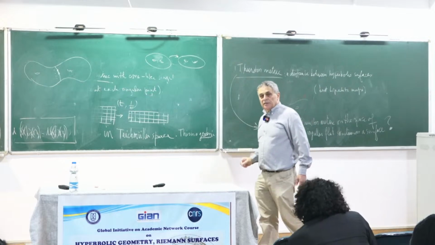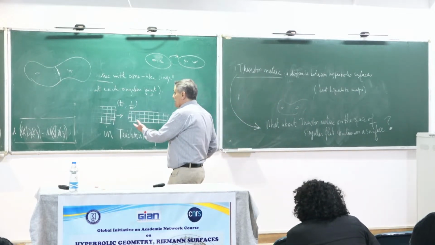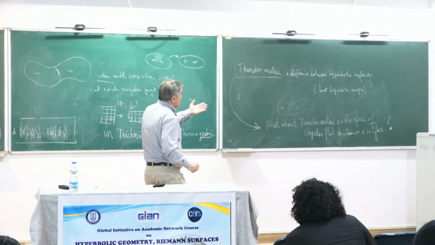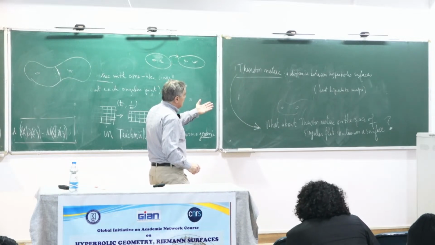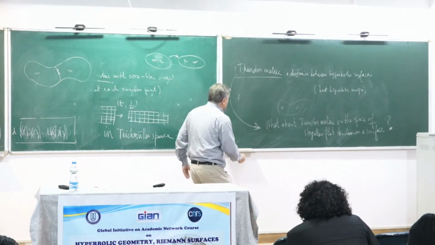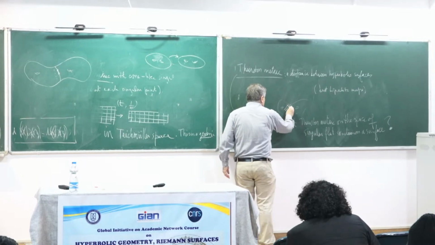Singular flat structures on a surface. So I have a singular flat structure given by two measured foliations.